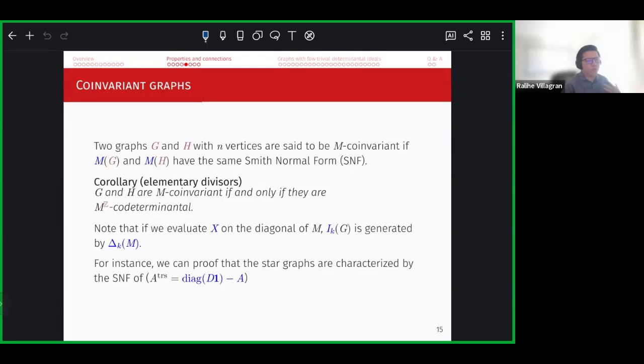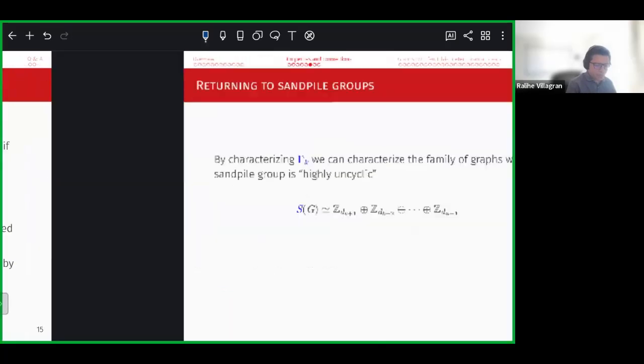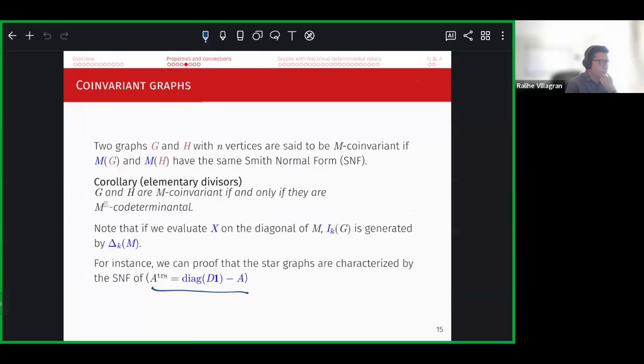In this way, we can prove things like the fact that star graphs are characterized by the Smith normal form of certain types of matrices. For instance, star graphs are characterized by the Smith normal form of the distance Laplacian, and a lot of results like this with the help of determinantal ideals.